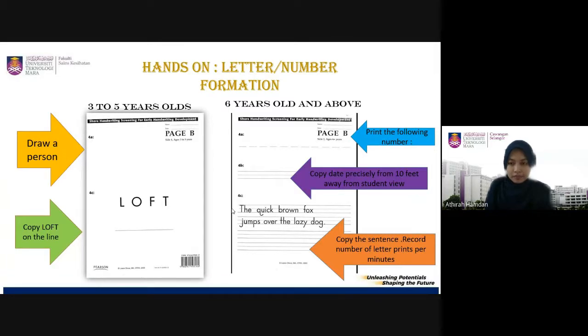Selepas habis masa untuk hands-on, kita akan jawab soalan.